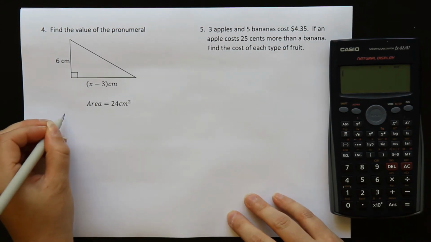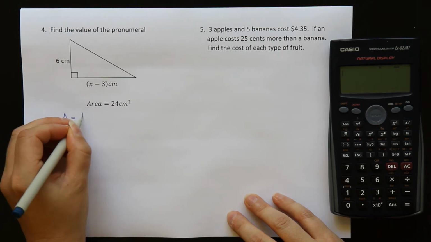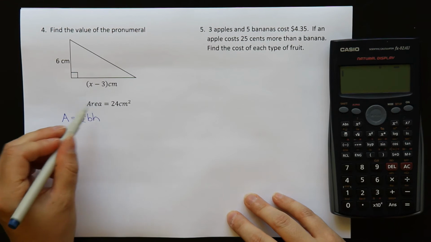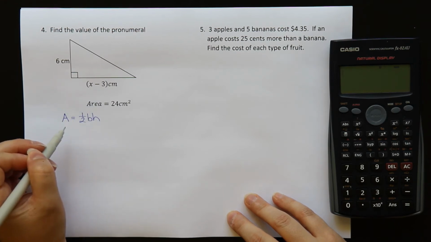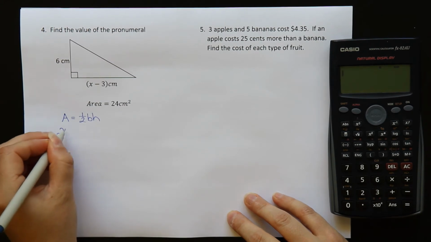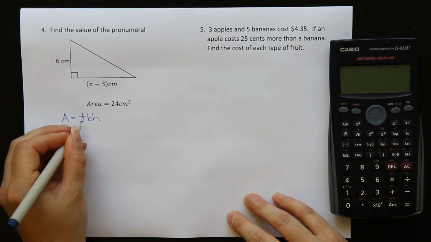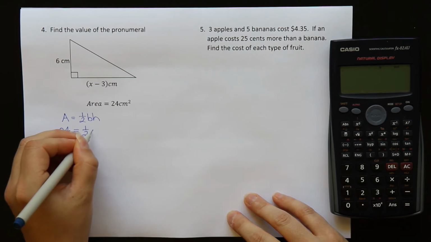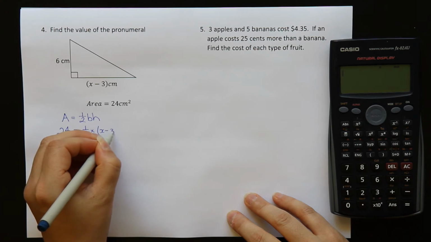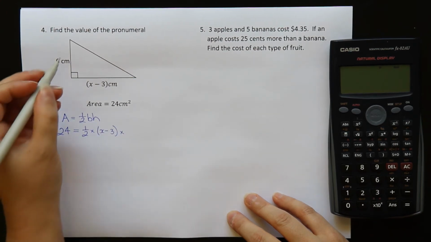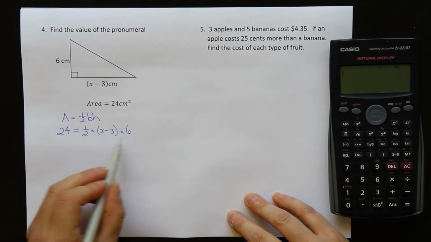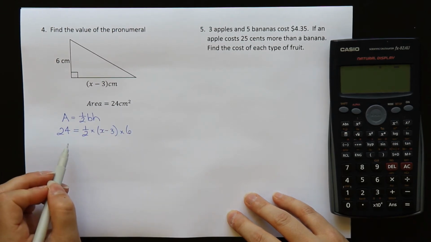So that is A equals half the base times the height, and I can substitute what I know into that equation. The area is 24 is equal to half times the base of my triangle, which is x minus 3, times the height of my triangle, which is 6.